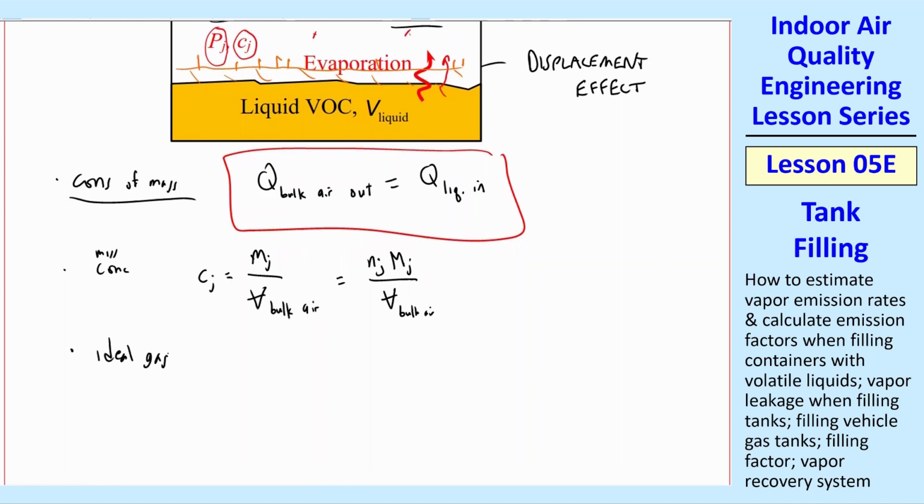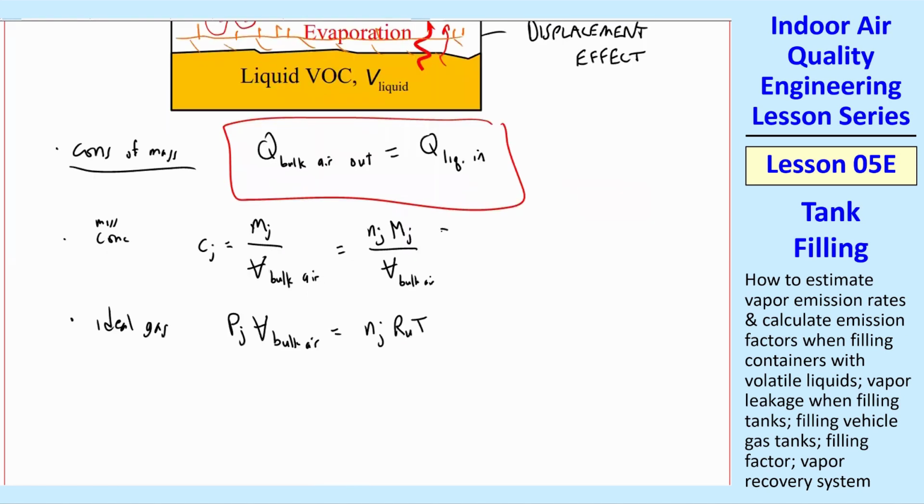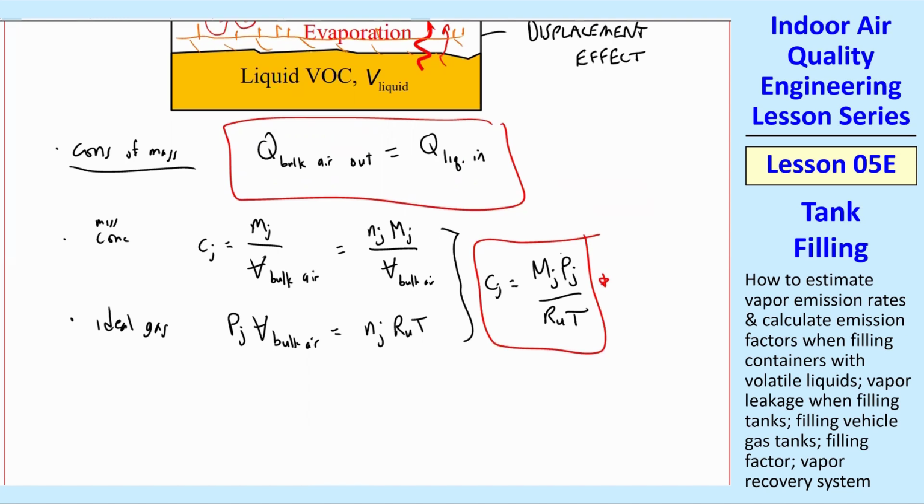This is an ideal gas mixture, and PJ of the species, the partial pressure, times the volume of the bulk air is equal to NJ RUT. That was one of our forms of the ideal gas law for the species. And then you combine these together to get CJ is equal to capital MJ PJ over RUT. So we have an expression for CJ as a function of PJ.